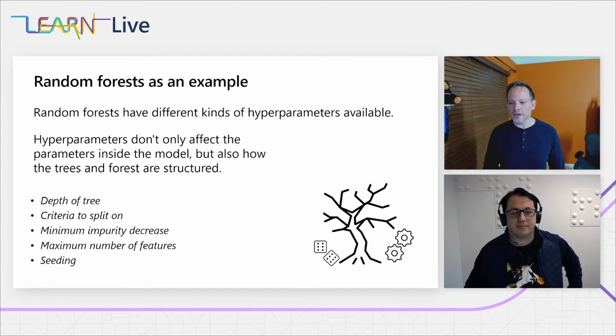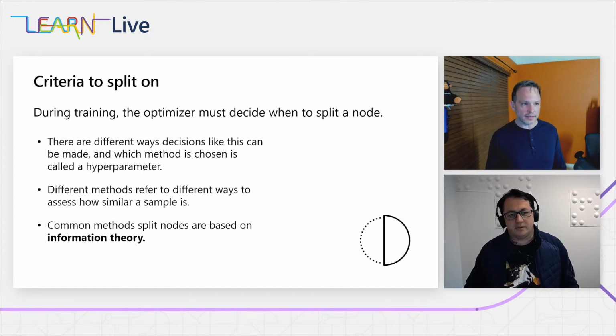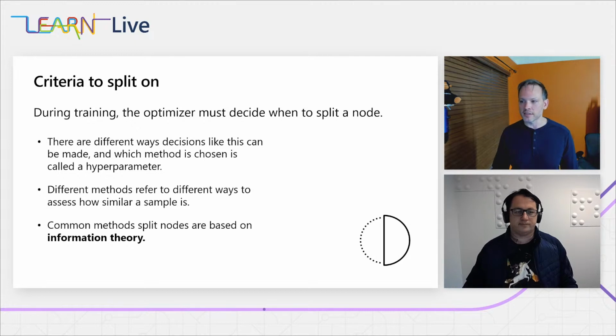We've already talked about this a good bit in terms of what we can do on random forests. We talked about the depth of the individual trees, the criteria that we might use to split on. Now, the split criteria is maybe a little bit more complicated because we do try to optimize the performance.